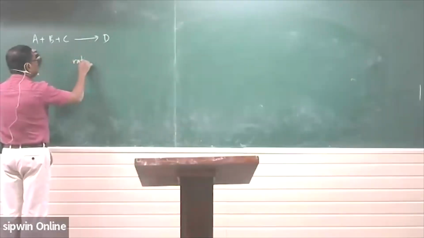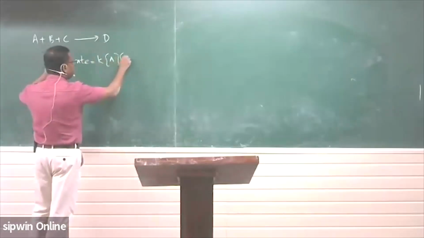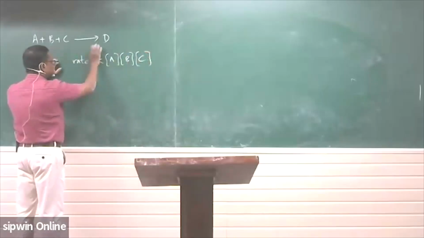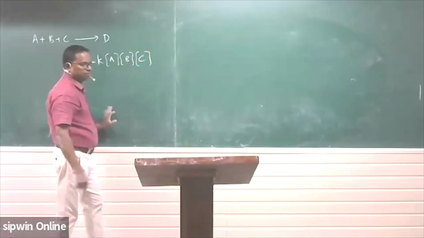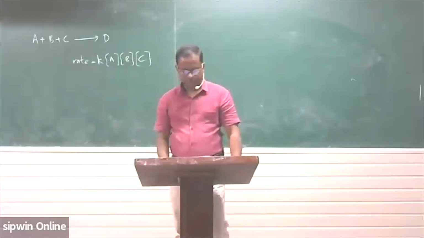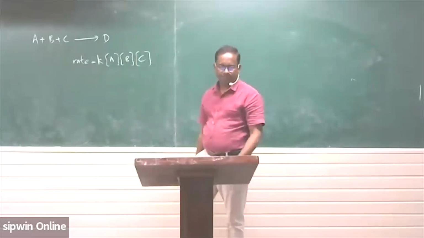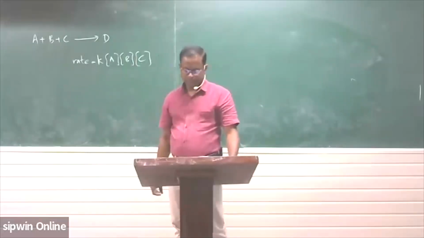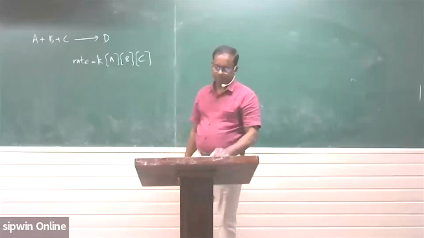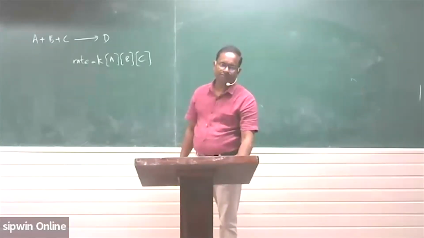Rate equals K [A][B][C]. Give your predictions.